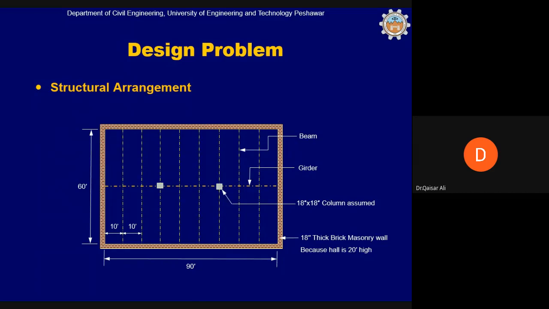So every 60 feet beam is divided into two spans, 30 feet each. At two locations, these beams have been supported on columns, and at all other locations, the beam has been supported on the girder.